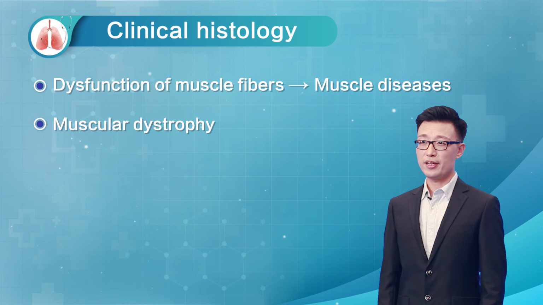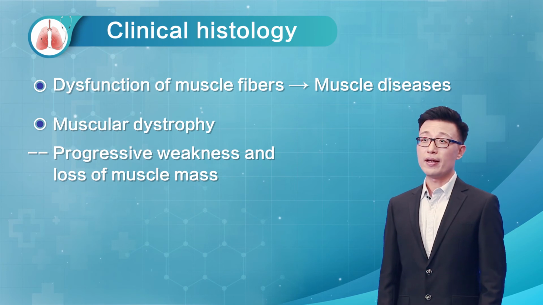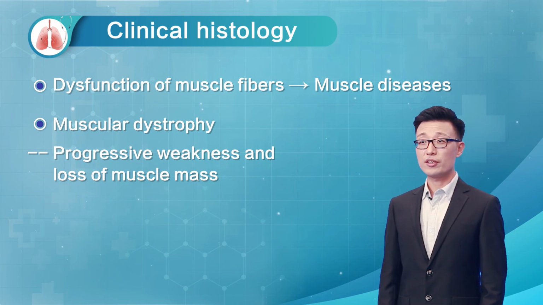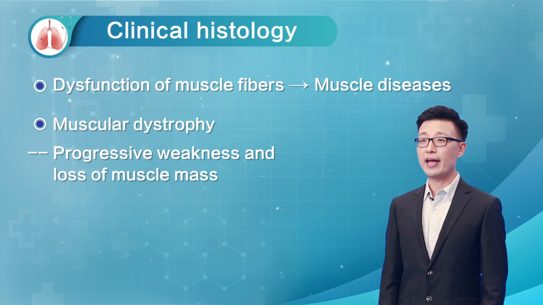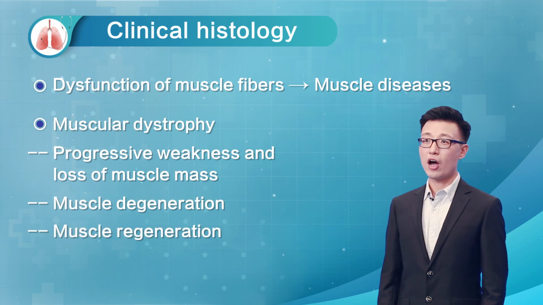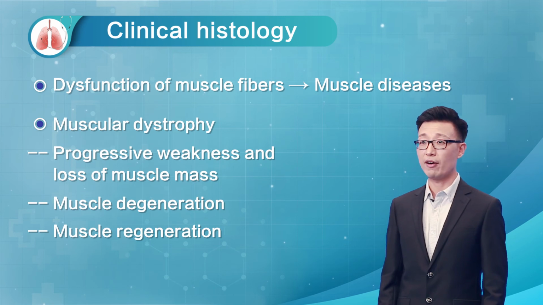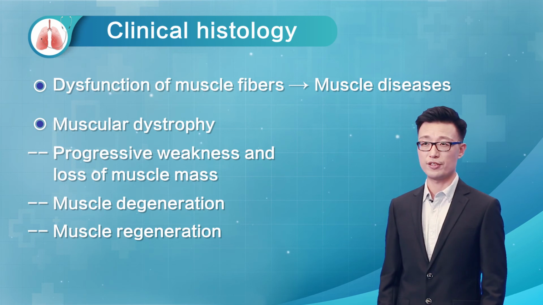Muscular dystrophy is a group of muscle conditions that cause progressive weakness and loss of muscle mass. Like many other diseases, muscular dystrophy can be evaluated with muscle biopsy. Muscle degeneration and regeneration are two of the most evident pathological events characterizing muscular dystrophies.